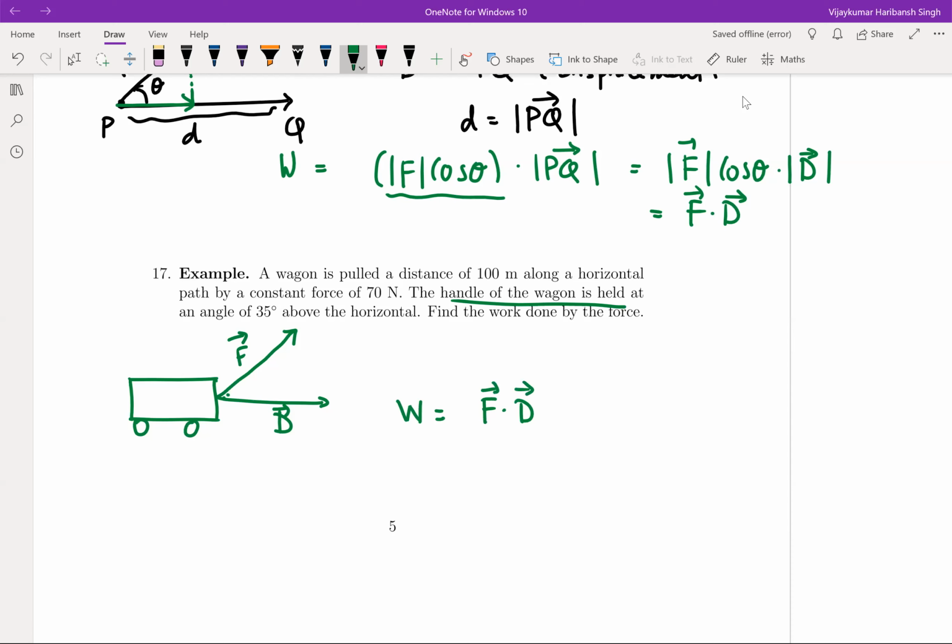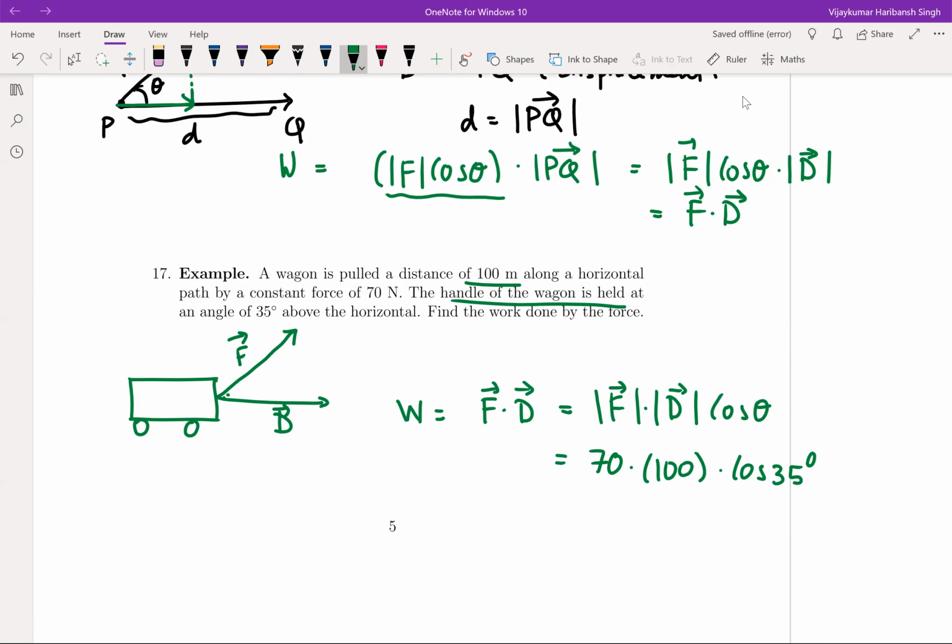Now instead of finding F as a vector, we can use the length of F times the length of D times cos theta. The length of F is 70. D is how much distance has been pulled? 10, times cos theta, which is cos 35 degrees.